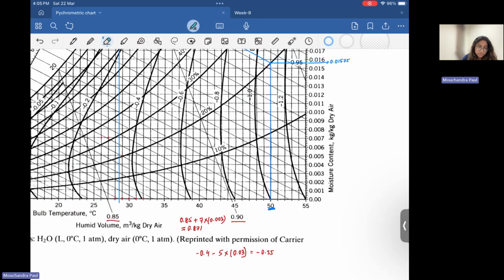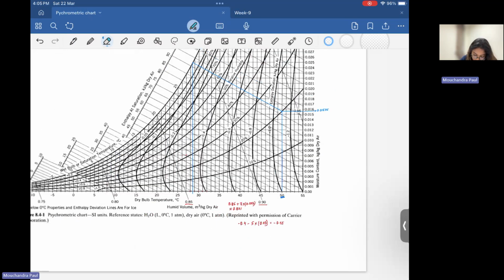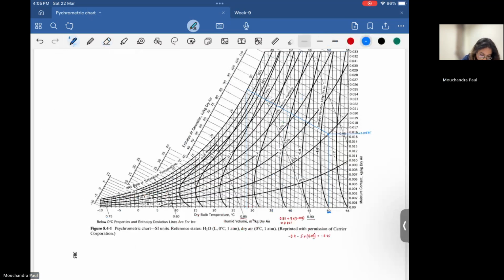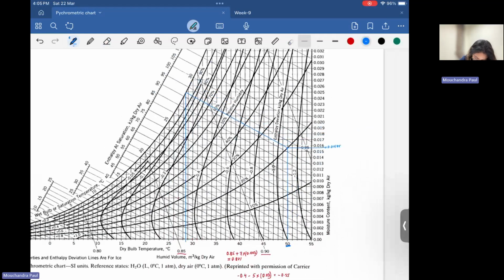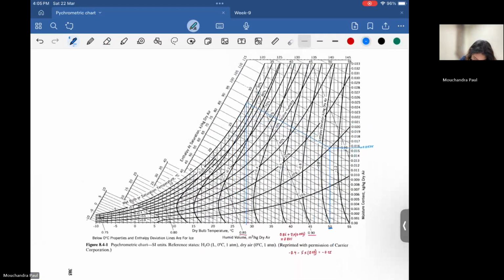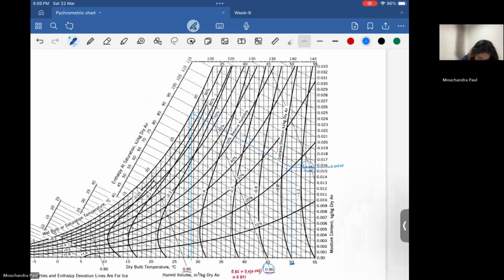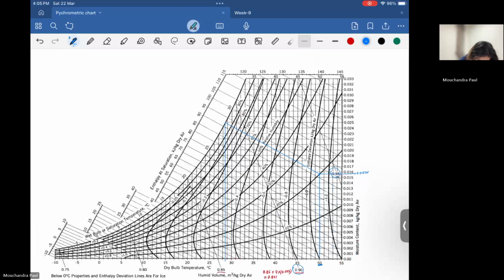These curves are your enthalpy deviation curve. For determining humid volume, you have to consider this 0.95 and 0.90.